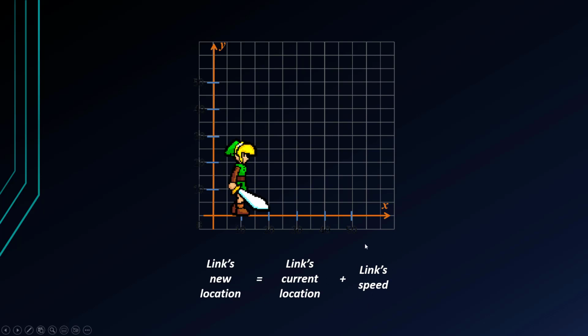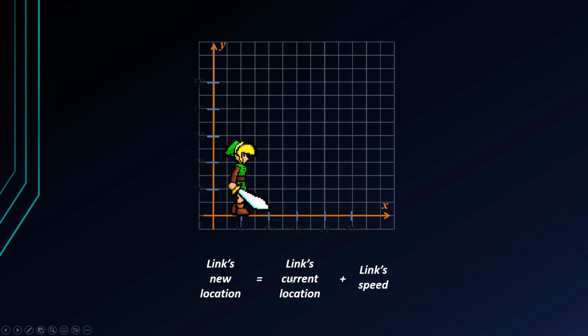Let's say Link's speed is 10. So every time we see Link's speed, we know that value is always going to be 10. Link's current location is right here, and he is on 10 as well. So 10 plus 10 is equal to 20. So Link's new location is going to be 20. So in the next frame, Link is going to go to 20.